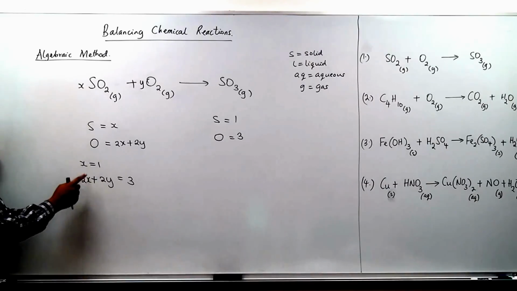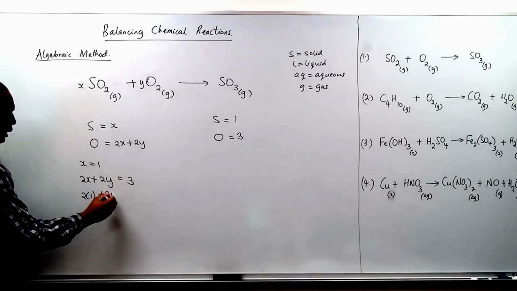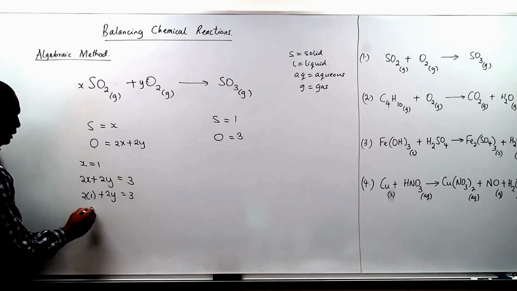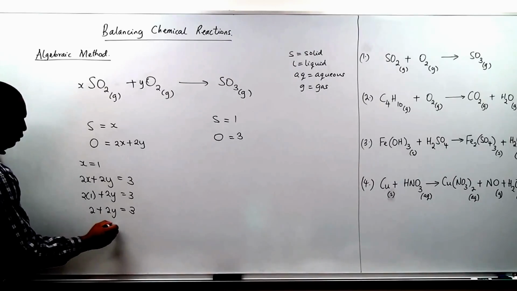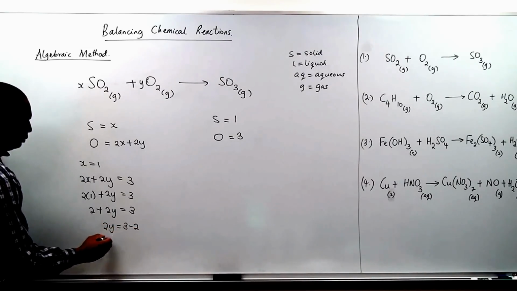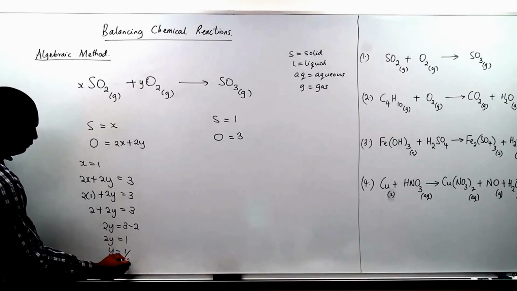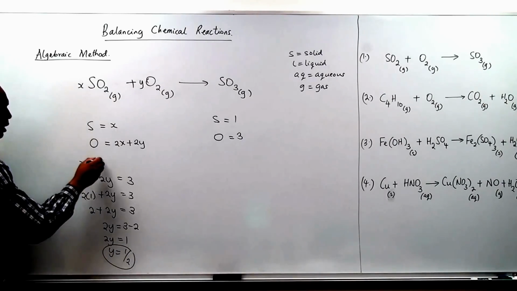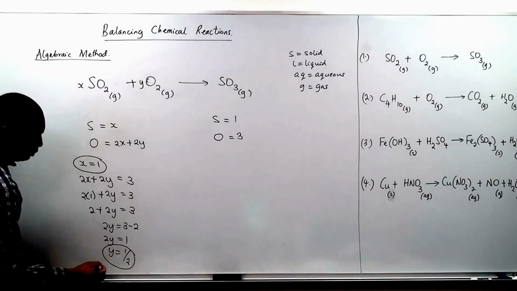So this is 2 times 1 plus 2Y equals 3, so 2 plus 2Y equals 3. 2Y will be 3 minus 2, 2Y will be 1, and then Y will be 1/2. So our X is 1 and our Y is 1/2.